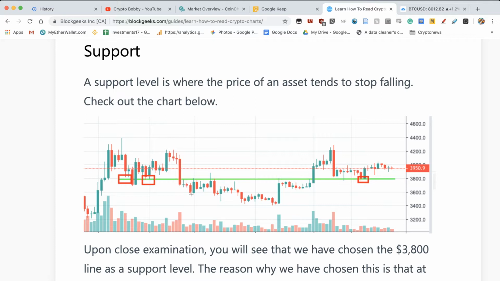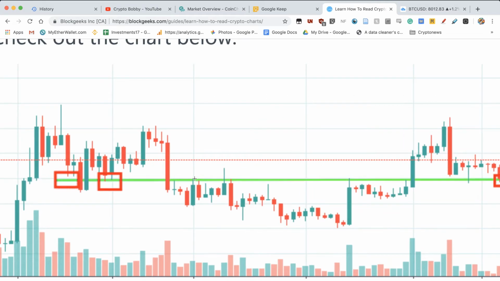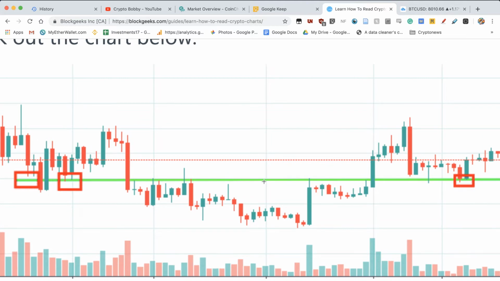As you can see here, the price goes back up and tries to touch the $3,800 range, doesn't manage, goes back down, tries again, doesn't manage, and does it multiple times until it manages to break past. So as long as it can't break past, the $3,800 range is acting as a resistance, and when it breaks past this resistance, it should become support.